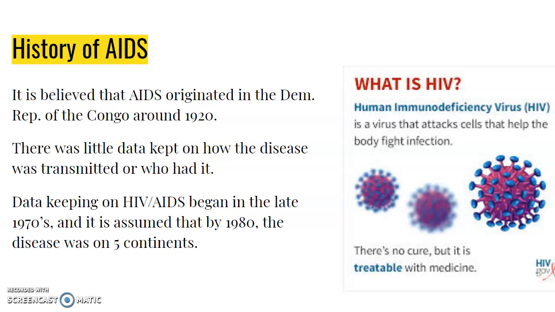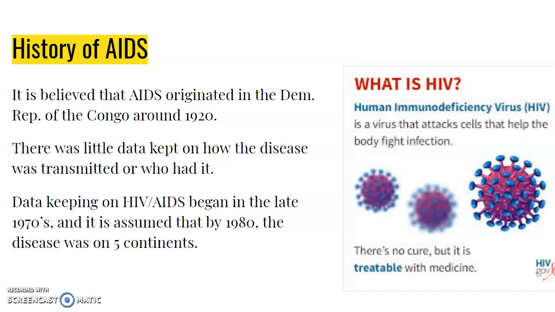The different flus and viruses can mutate. Viruses and diseases can mutate over time so that they can attack different cells of different species. AIDS is one of those mutated viruses.